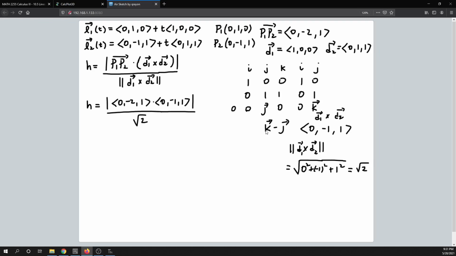Let's carry that out. When we do the dot product, we get 0 times 0, -2 times -1 is +2, and 1 times 1 is 1.